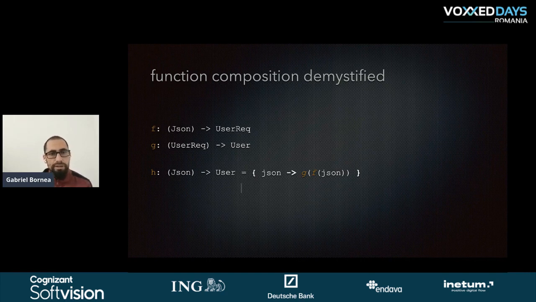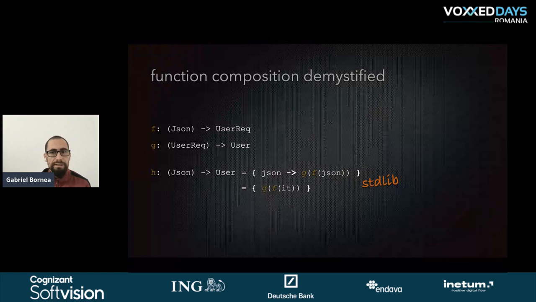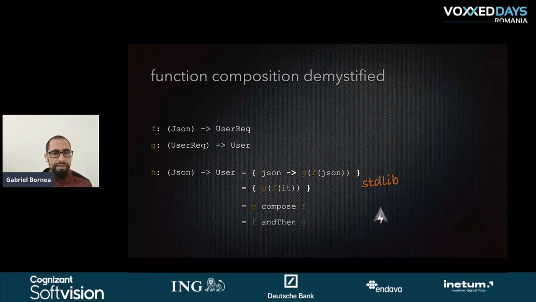There is a shorter way in which we can write this. In Kotlin, if you have a lambda expression with one single argument and you do not want to give it a name, you can use the default name, which is it. But there are another two ways in which you can do this. You can use the compose function, or you can use the andThen function.